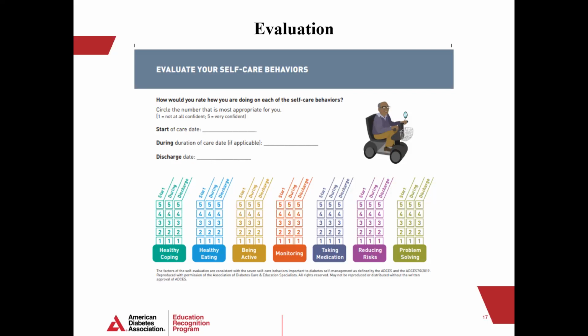This way, the patient is able to see it, and we are also documenting it in our medical records, where we are able to see the progress that the patient is making with the confidence in his or her ability to manage diabetes.